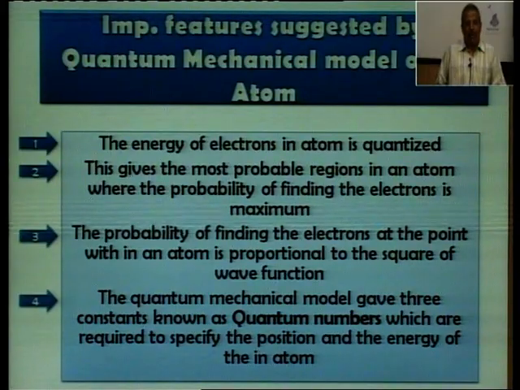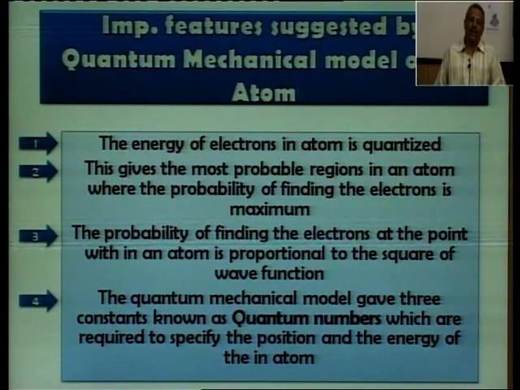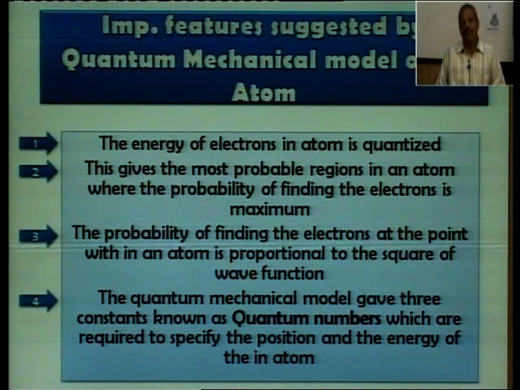So, according to quantum mechanical models, electrons are not revolving in a fixed circular path, they are revolving around the nucleus in a 3-dimensional path instead, and the quantum mechanical model gave 3 constants known as quantum numbers. These are the numbers which are required to specify the position and the energy of the electron in an atom.